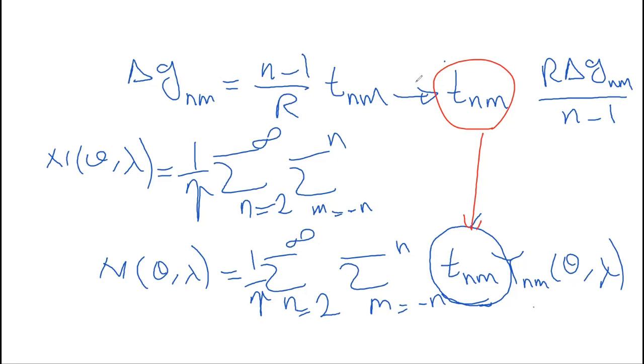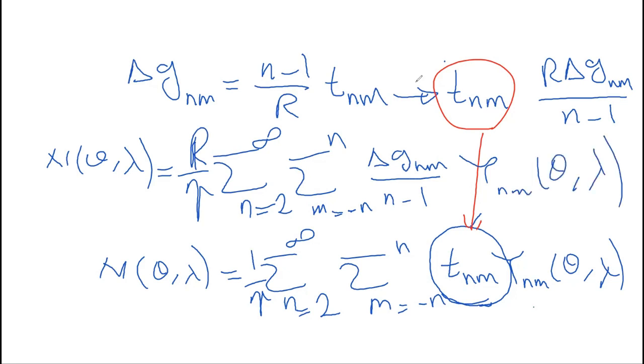But this time, instead of T_nm, I will write R, which will come outside. I will write delta g_nm, times Y_nm of theta, lambda.